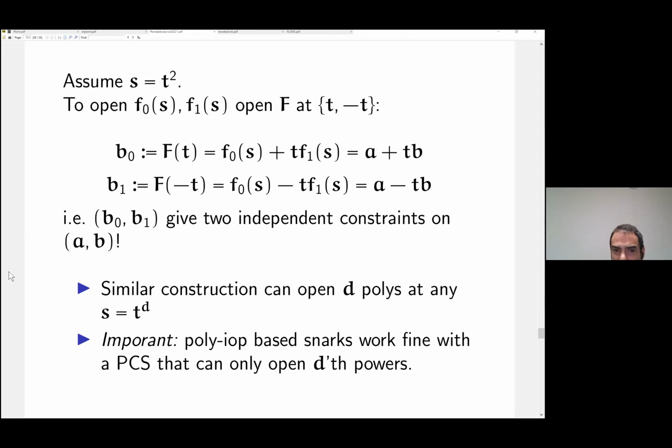You can see in the paper, it's the natural generalization.